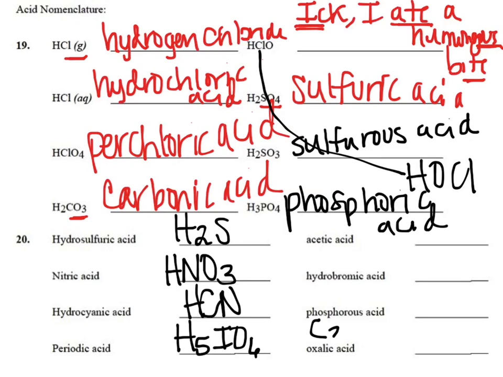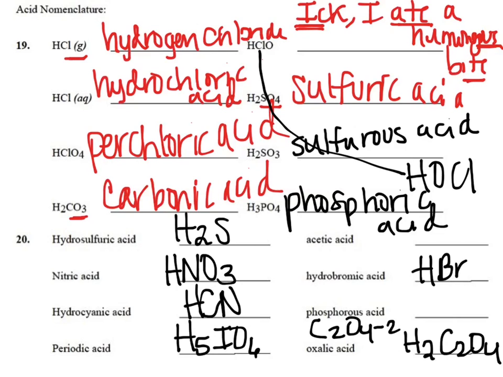Oxalate is C2O4 2-. So oxalic acid would be H2C2O4. Hydrobromic, HBr. Acetic is HC2H3O2. And phosphorous, H3PO3. Are there any questions on those?